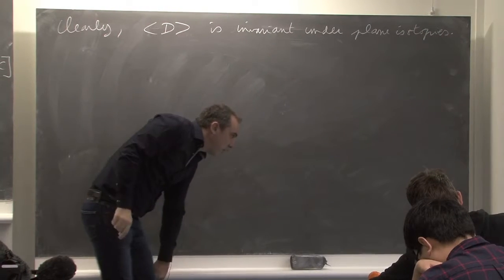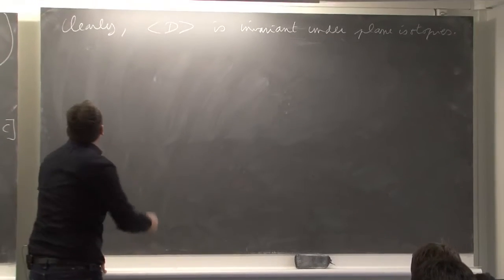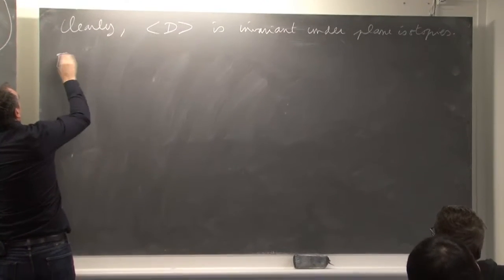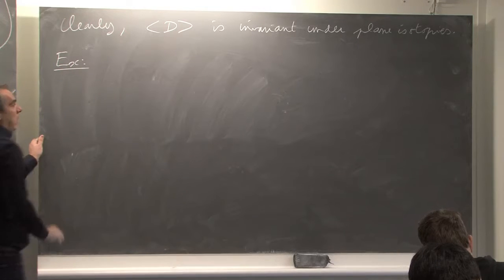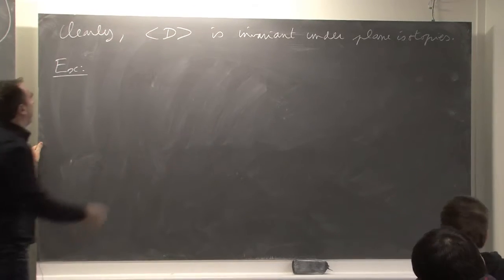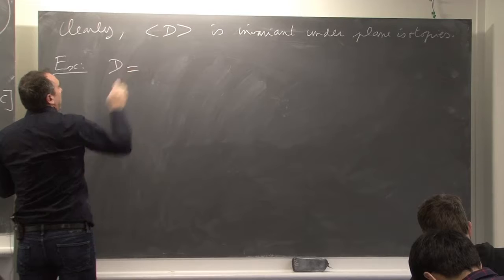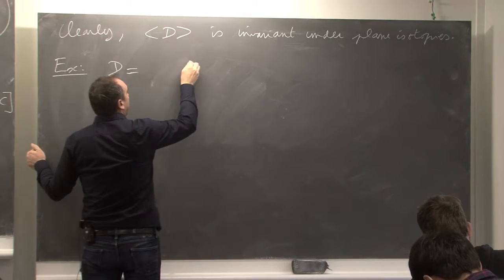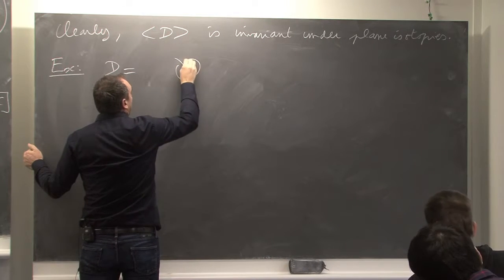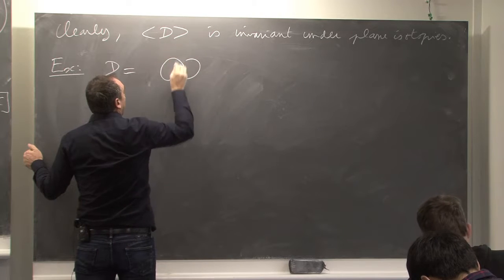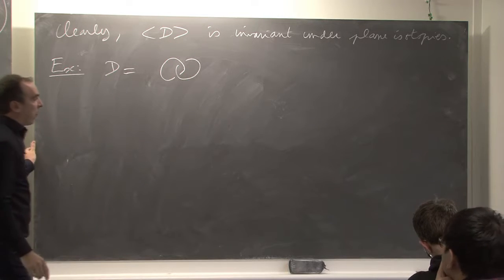Okay, so let's see an example of how to compute it. Example. Let us consider D to be the diagram of the Hopf link. Okay.